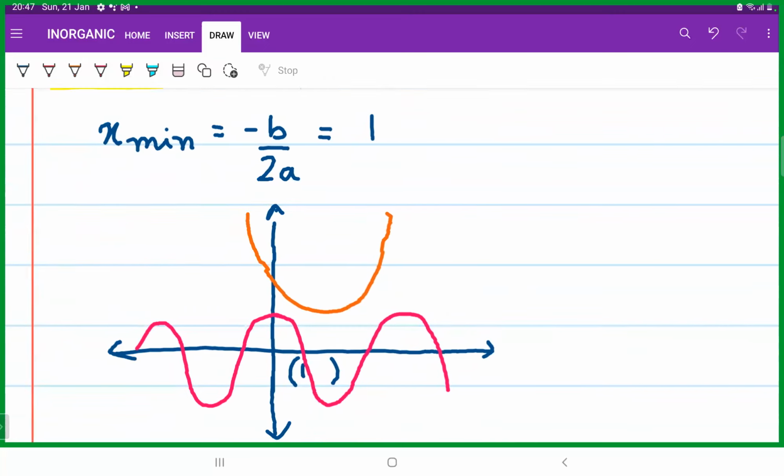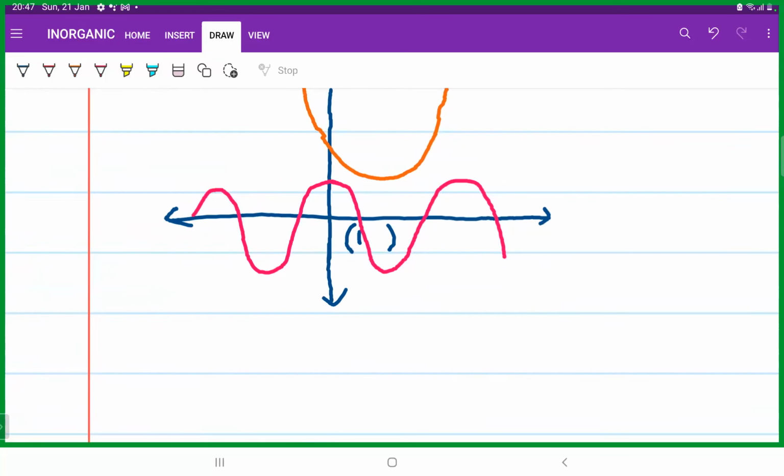So let's do one thing. Let's equate the minimum value of this quadratic with this cos equation. Okay, because that's how we will be able to find what m and n is. So plus 4 will be equal to minus 4 cos(m plus nx).